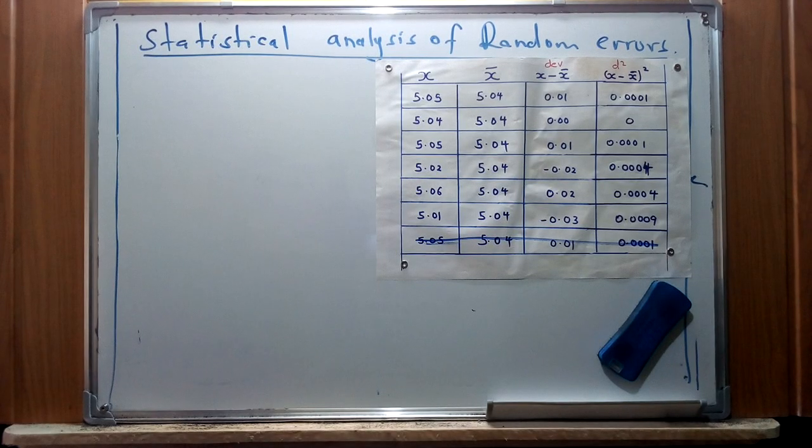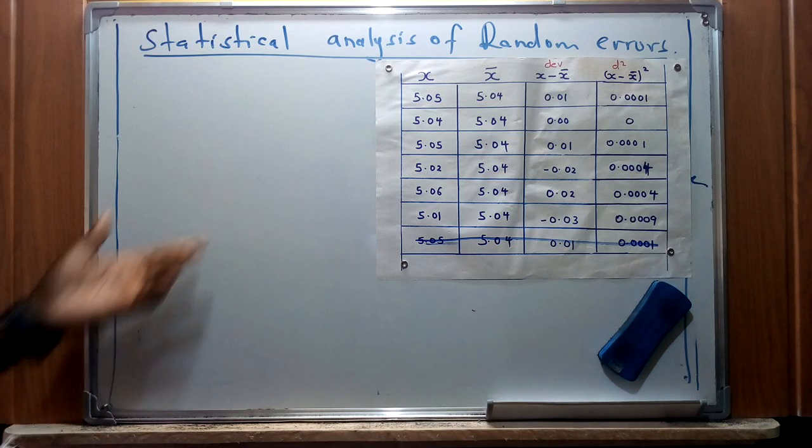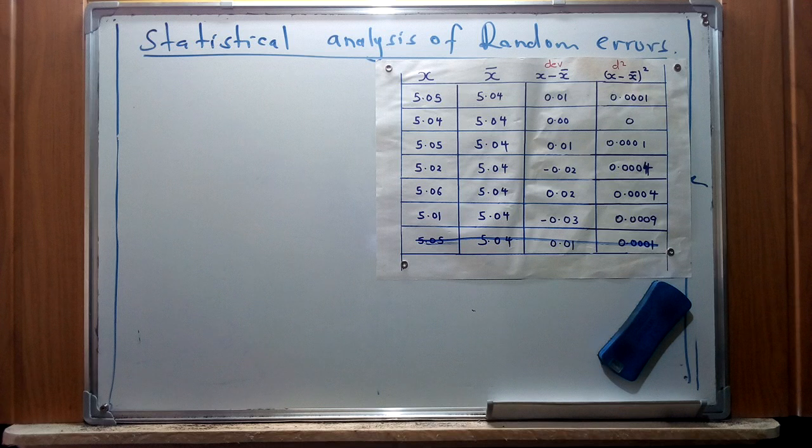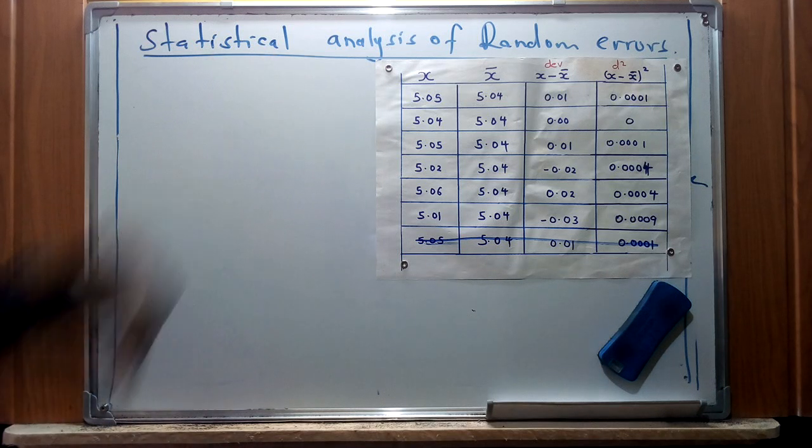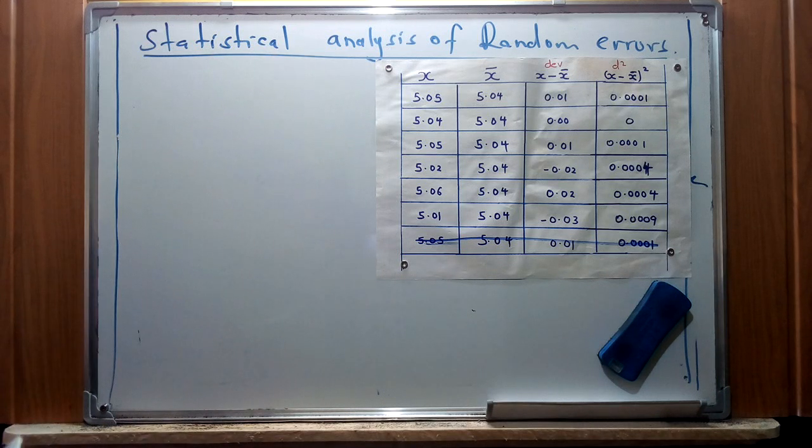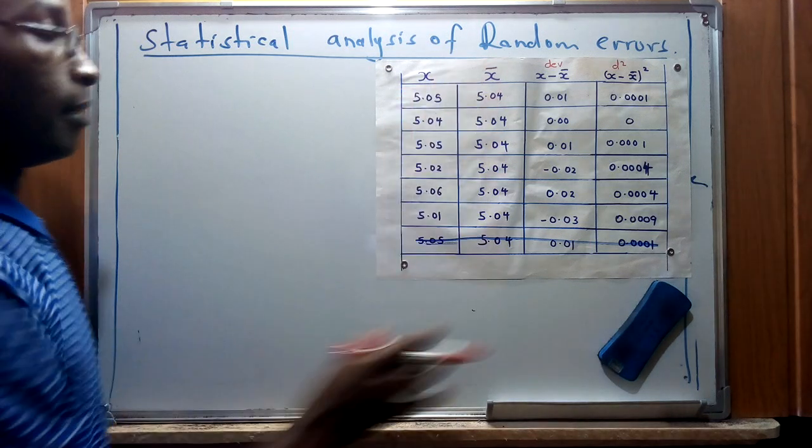I'm going to use the sample data that I've provided on the board to find one of the ways, apart from the mean that we have spoken about earlier, in which we can do some statistical analysis of these random errors, or one way in which we can characterize the mean that we talked about, given this range of data.